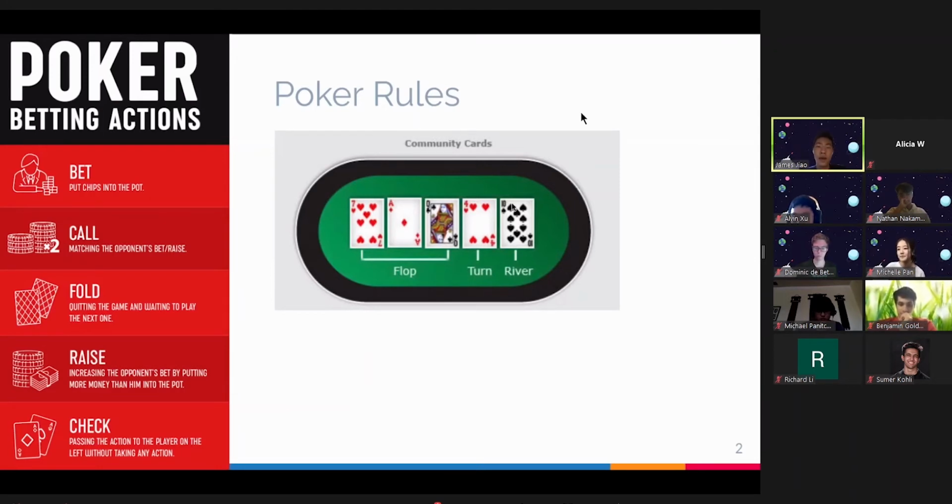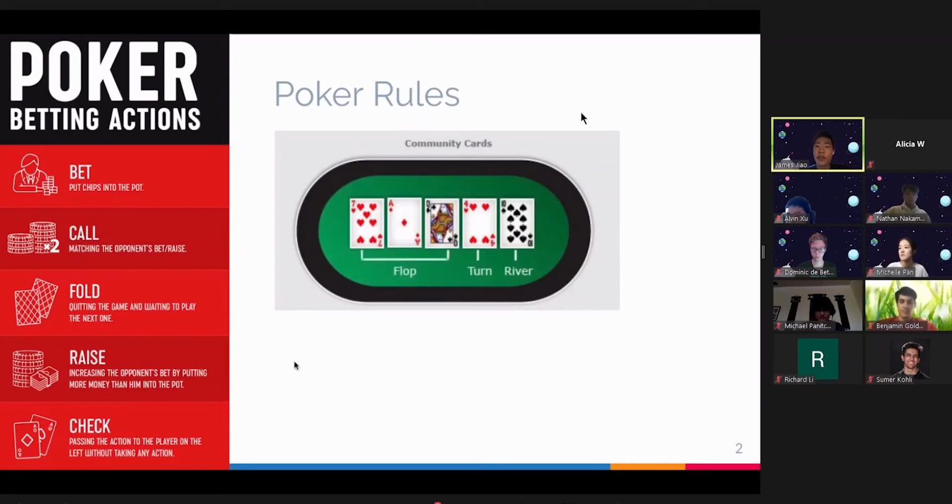Some examples in order of best to worst: you have things like the royal straight flush, quads, full house, straights, flushes. Basically, stuff that looks pretty probably means you have a good hand. And then what's important to us is what the model can do, right? What are the actual actions in poker? What's cool is that in poker, there's actually not too many things you can do.